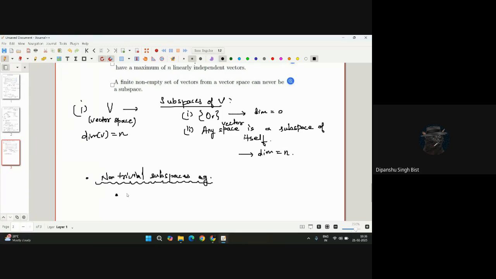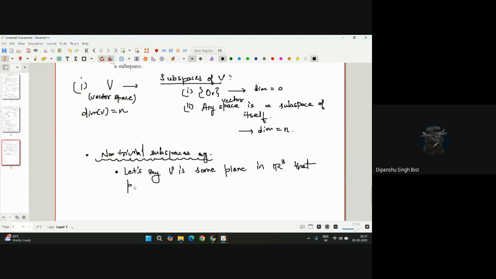Let's say V is in R3. Let's say V is some plane in R3 that passes through origin.